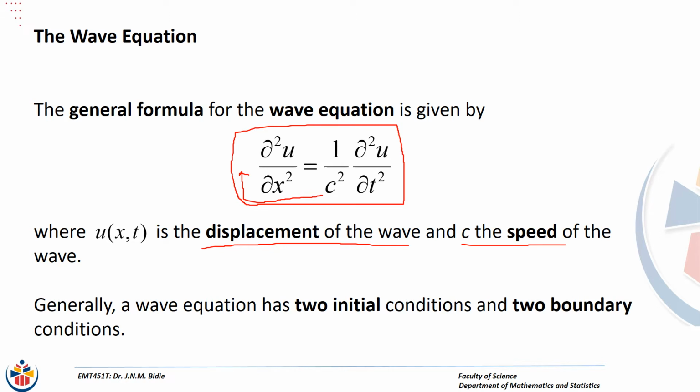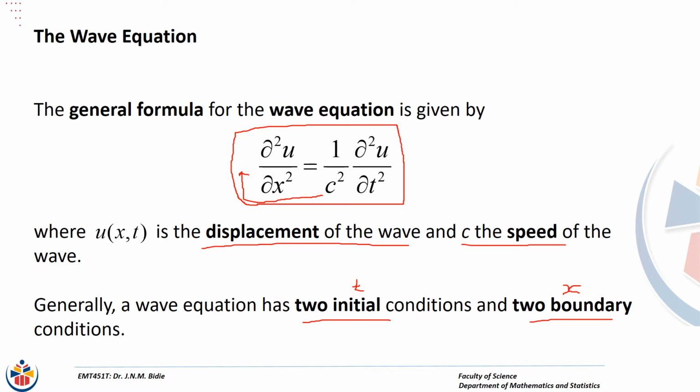Also, because of the second derivative with respect to t, we must have two initial conditions. And the second derivative with respect to x says that we must have two boundary conditions. Note that initial conditions always refer to t, and boundary conditions always refer to x.